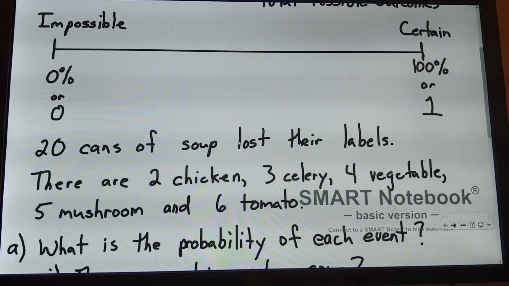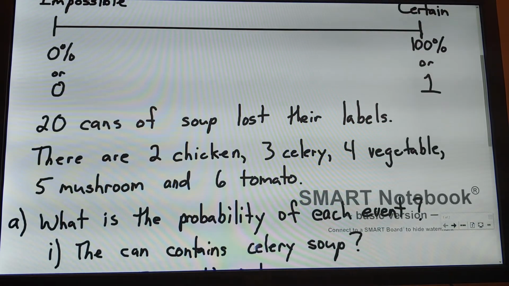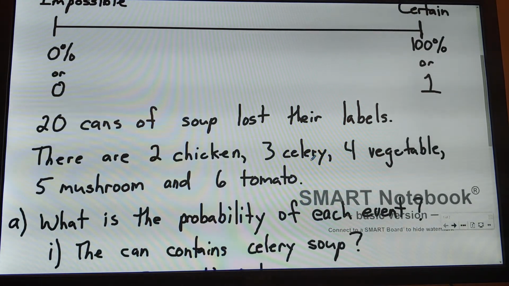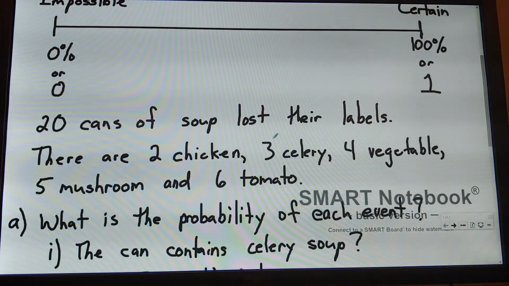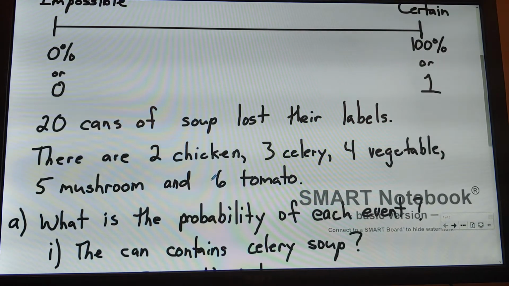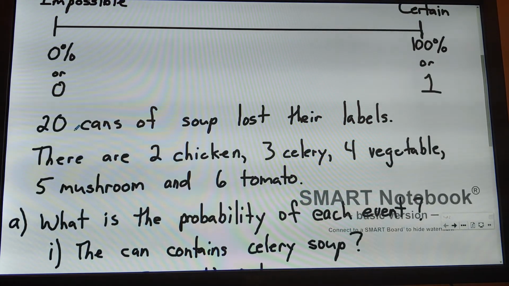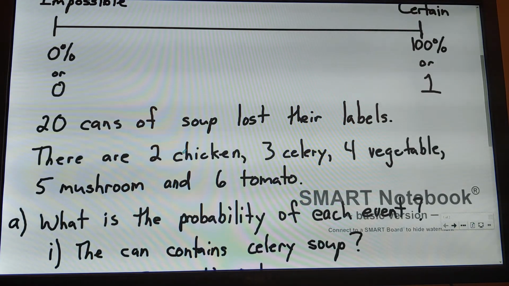Since we're looking for celery soup, we know there are 3 celery soups. That's our favorable outcome. Divided by total possible: 2 plus 3 plus 4 plus 5 plus 6 gives us 20 cans of soup. That's the total possible outcomes. There's 20 of them, and 3 are favorable, because we're looking for celery out of 20 possible.